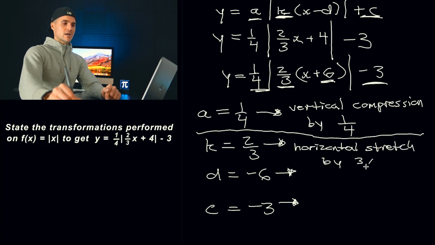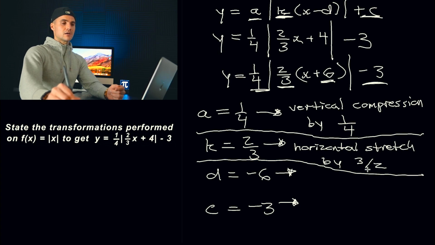Now, why is it a stretch and not a compression? Well, because 3 over 2 is greater than 1. 3 over 2 is 1.5. So even though it's a fraction, be careful because sometimes the fractions you're going to be working with are going to be greater than 1, and that's going to result in a stretch.